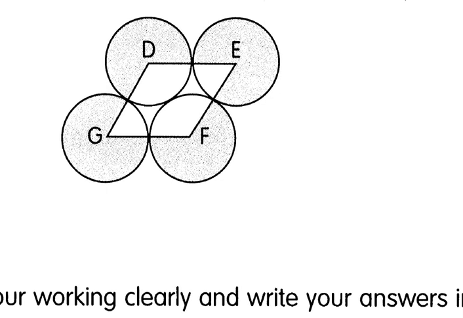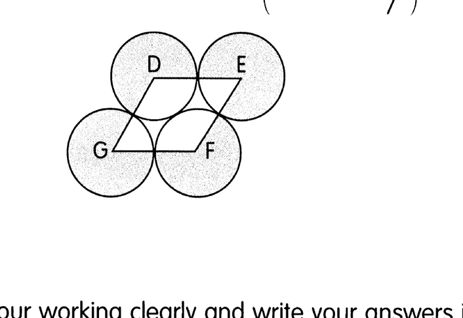Okay, do you agree with me that this is the radius of the circle? This is the radius. So, this is R, R. Since it's identical circles, this is also R, R, right? R, R, R, R. So, what shape is D, E, G, F?